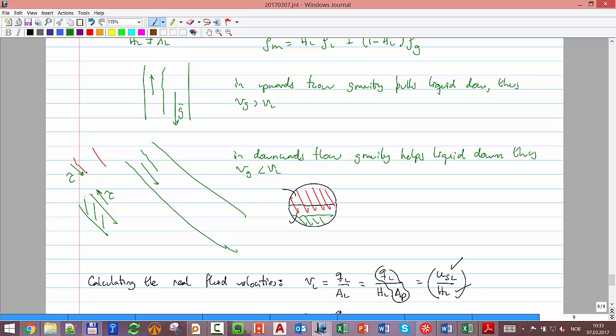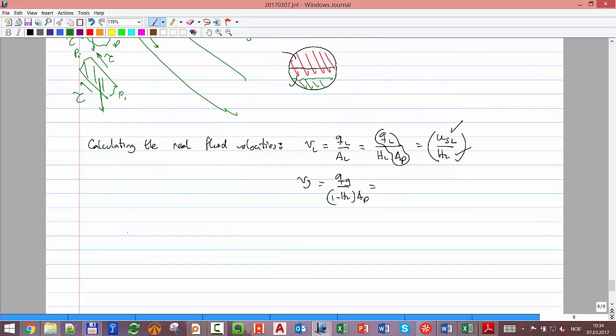I apply one equation for the liquid, with the pressure acting here, the gravitational forces, and the tau. Then I apply a similar equation for the gas: pressure here, the gravitational, and the tau, and of course the tau against the wall. So that's more or less the basics.